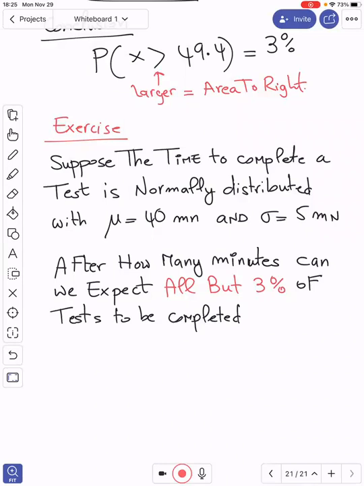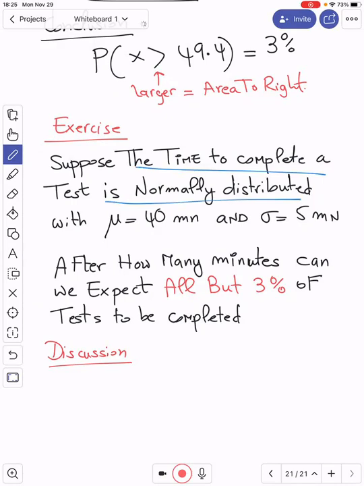So your variable x is actually the time to complete the test, and the variable x follows a normal distribution.